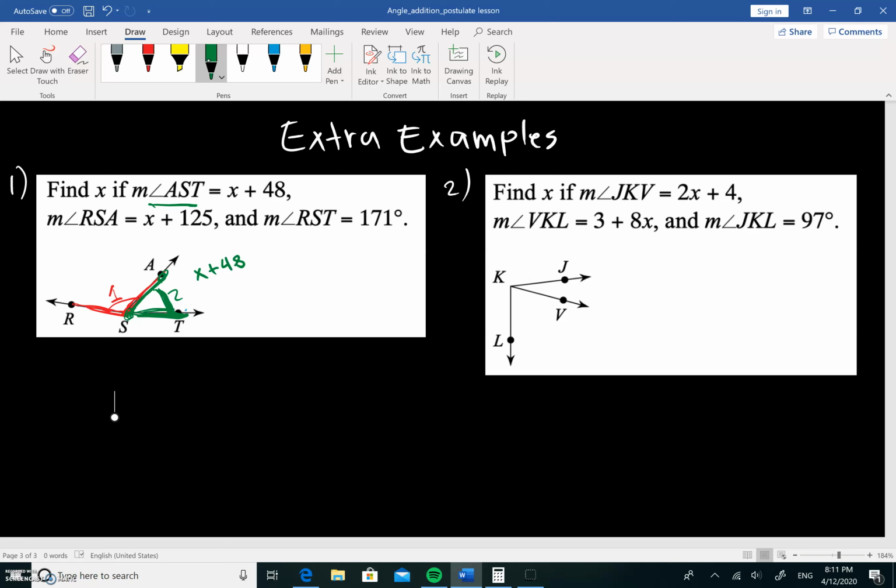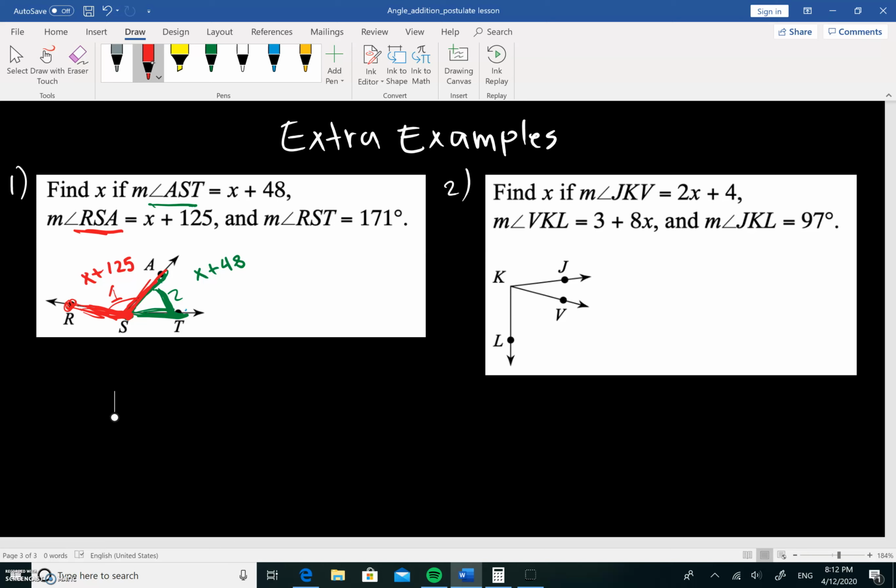Now RSA, which is R starts here, we go to S, and then we go to A, so that's going to be angle 1, right? So RSA is x plus 125. All right. And now the last thing that is given is that the measurement of RST is 171.